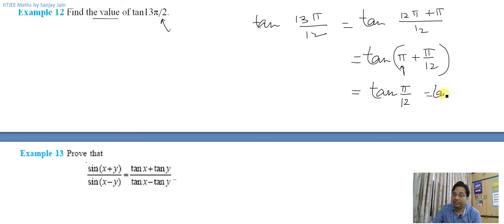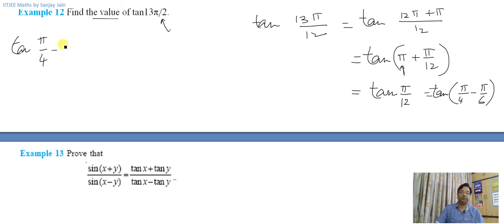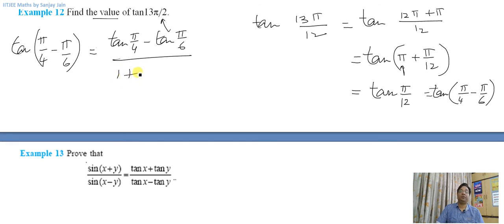So you can write it as tan of 45 degrees minus 30 degrees. Right? Now you just need to apply the formula for tan A minus B, which is tan A minus tan B divided by 1 plus tan A tan B. Right?